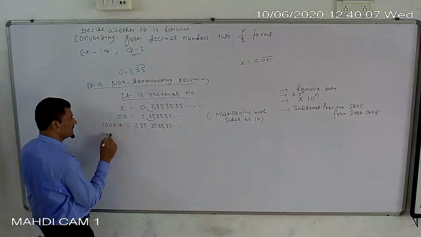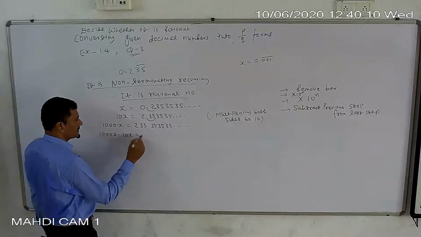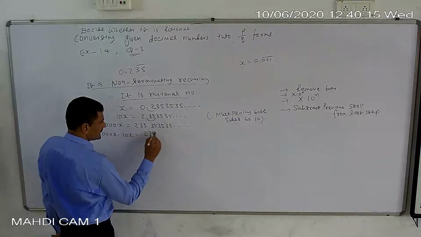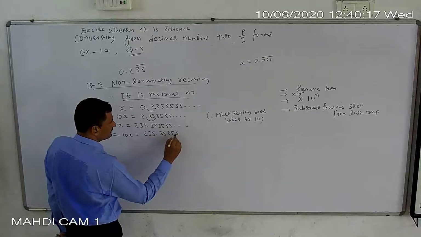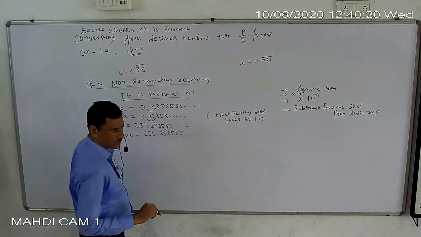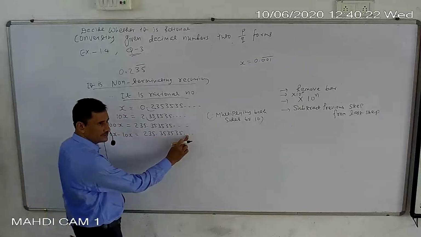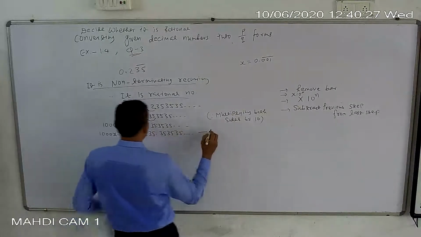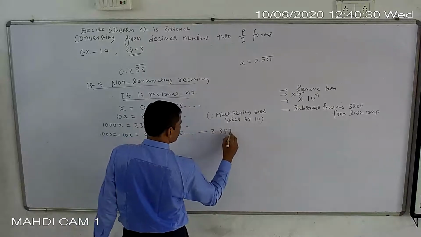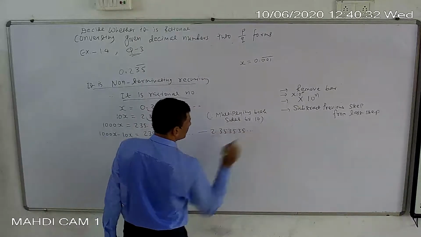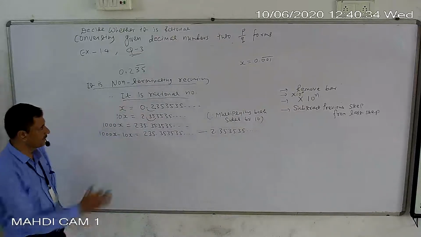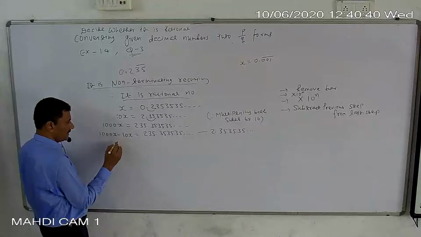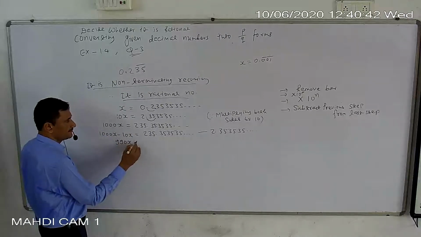So it is 1000x minus 10x equal to 235.353535 dot dot dot. Okay, it must be there, otherwise the meaning will be different. Minus 2.353535 dot dot dot means infinite. Now just subtract it. So 1000 minus 10, 990x.